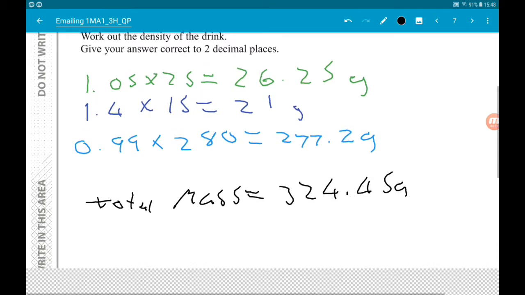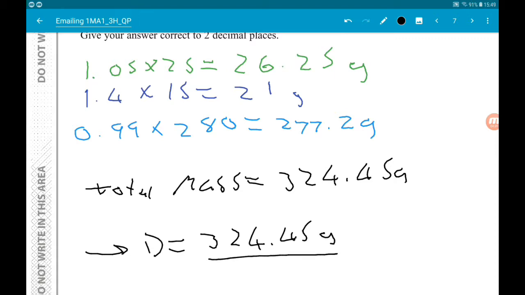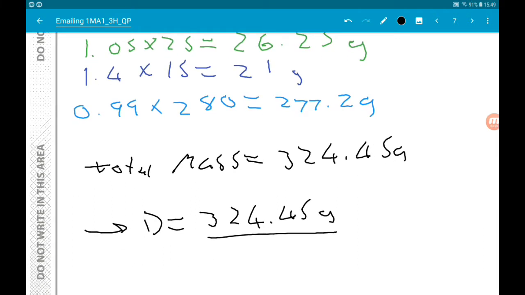So the density is 324.45 grams divided by the volume of the drink, which we know is 320 centimetres cubed.